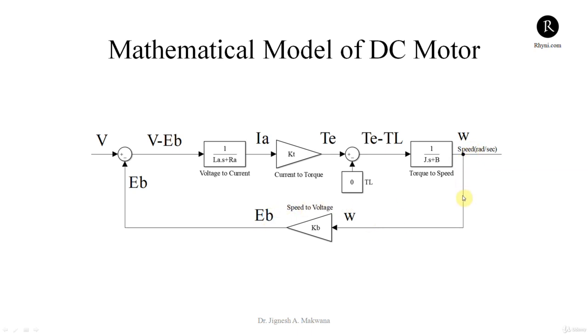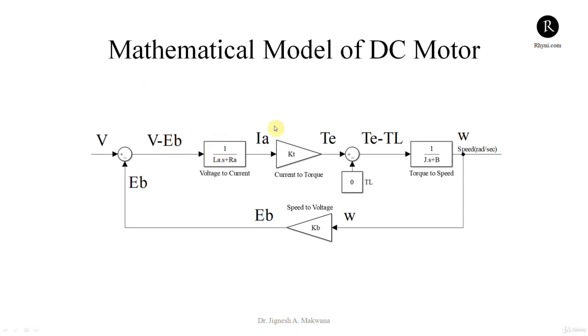So we are taking feedback from here, and the speed omega is responsible for the production of back EMF, which is governed by the constant Kb. And here we come back to Eb, and this is the supply voltage minus Eb. So this point again becomes V minus Eb. This is the complete block diagram of the DC motor. It represents the mathematical equations.